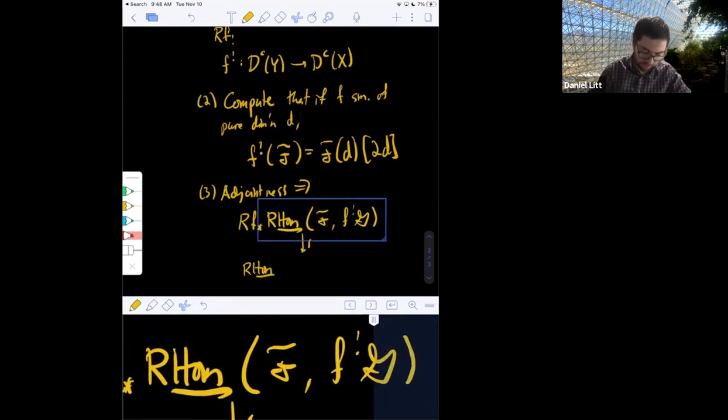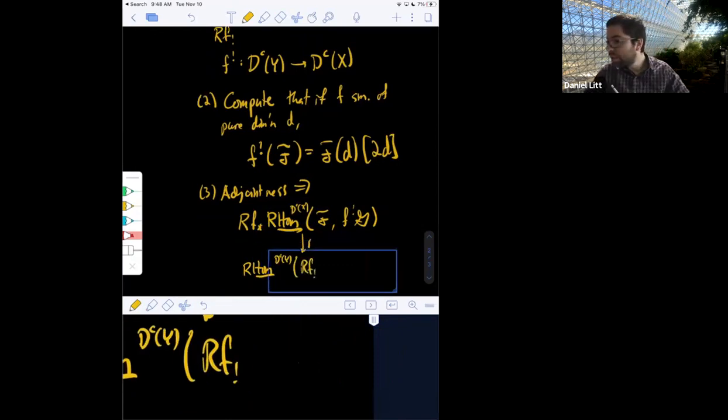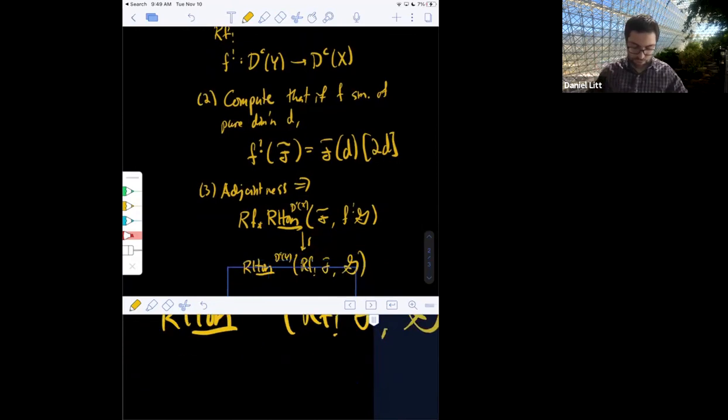So here this is in D_c of X, and this is in D_c of Y, of R F lower shriek of F with coefficient mapping to G. Okay, so this is some crazy stuff.